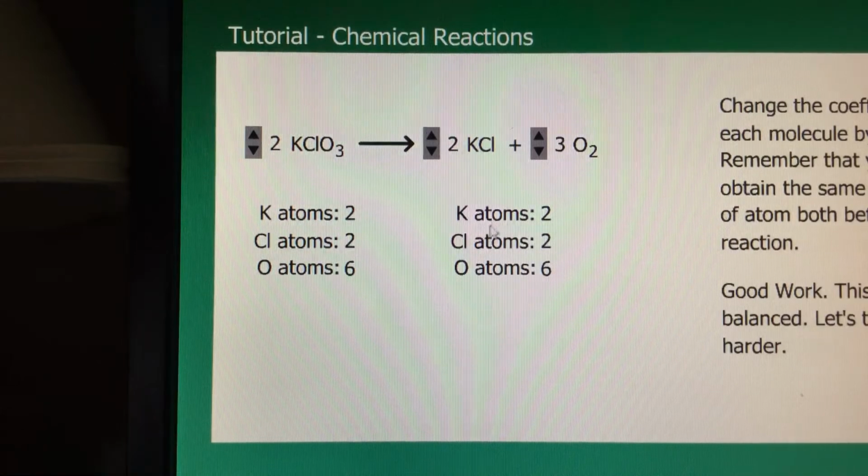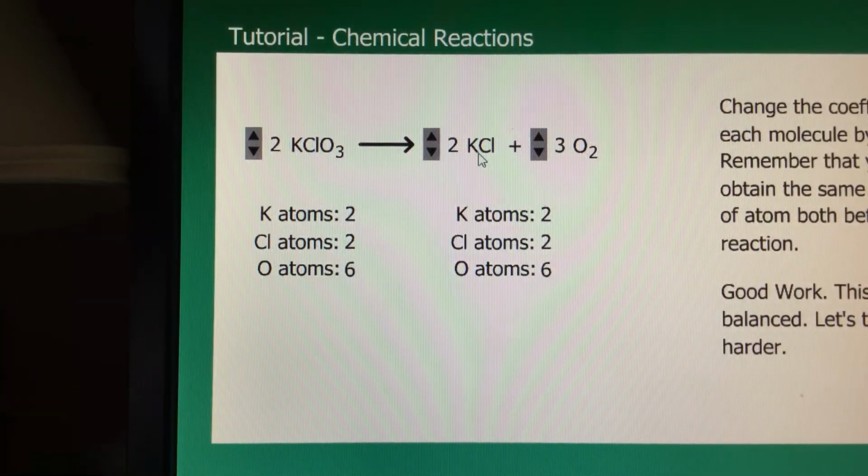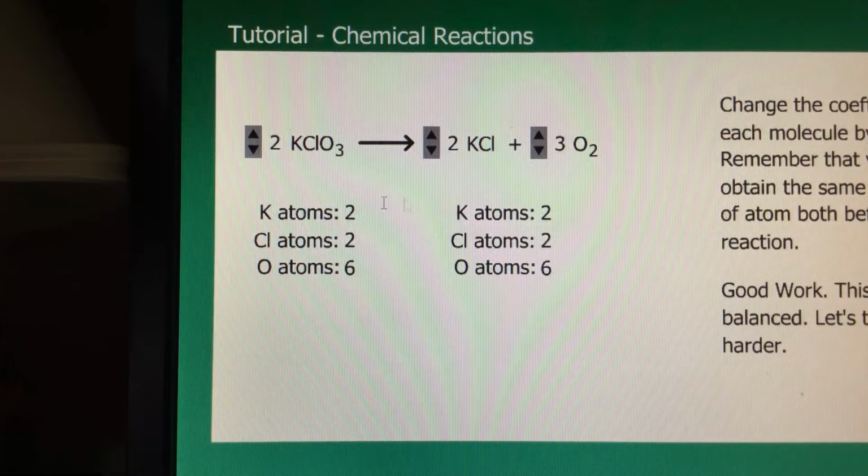So I'm going to increase the chlorine on the product side, right? So I put the coefficient of 2 in front of the potassium chloride, and now I have the same number of atoms, every single type of atom on both sides. 2 potassium, 2 chlorine, and 6 oxygen.